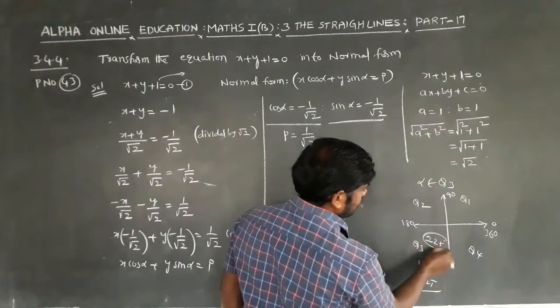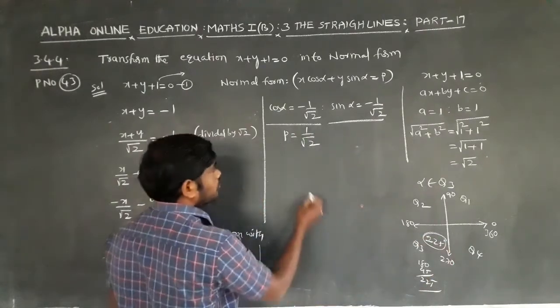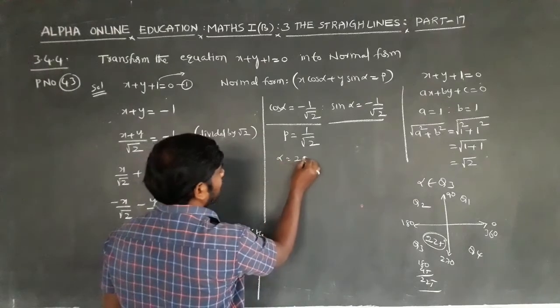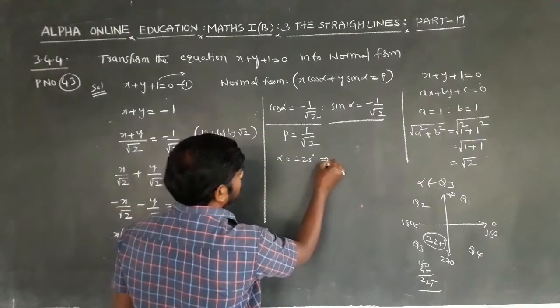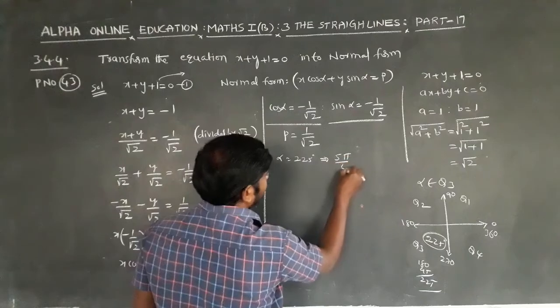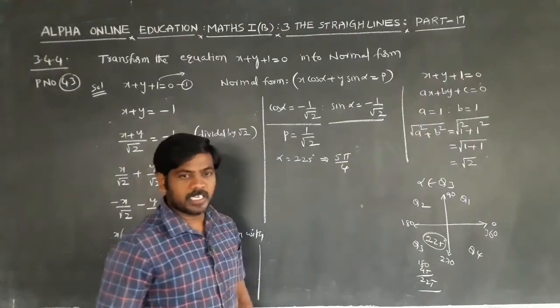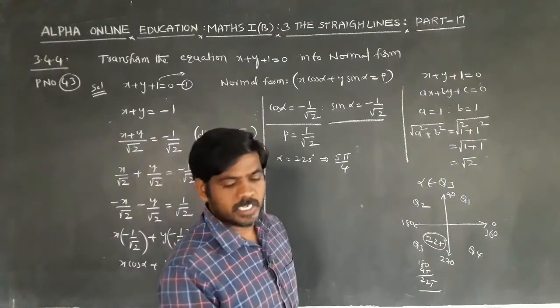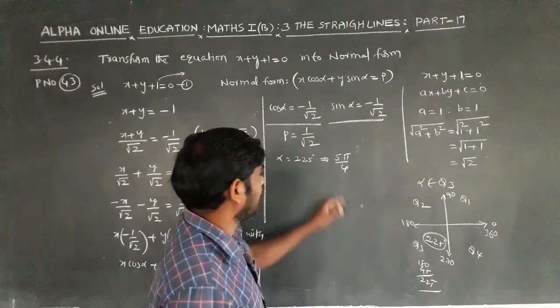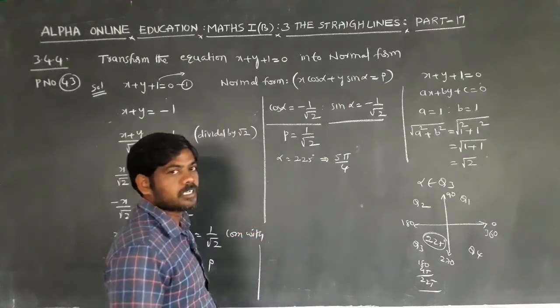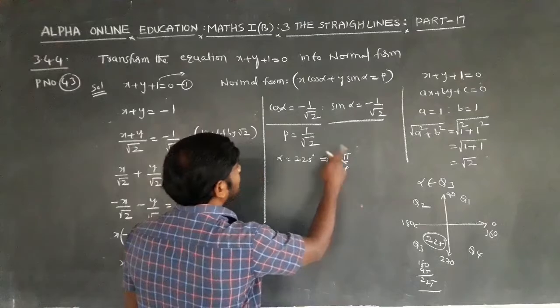So alpha is equal to 225 degrees or 5 pi by 4 radians. Pi by 4 radians is equal to 45 degrees, so 5 pi by 4 radians means 225 degrees.